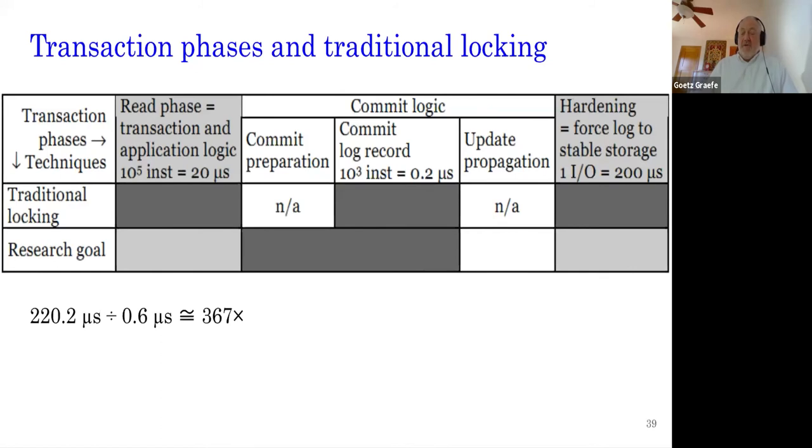If we accomplish that, then in traditional locking, I just added up these numbers. It would be 220.2 microseconds for a transaction that holds these locks, maybe some different numbers, whichever way you calculate. Whereas if I hold my exclusive locks only during the commit, I might have them for half a microsecond.